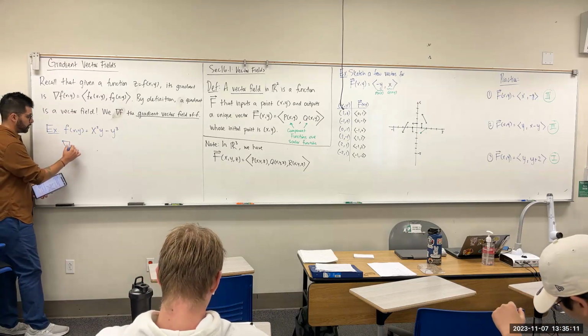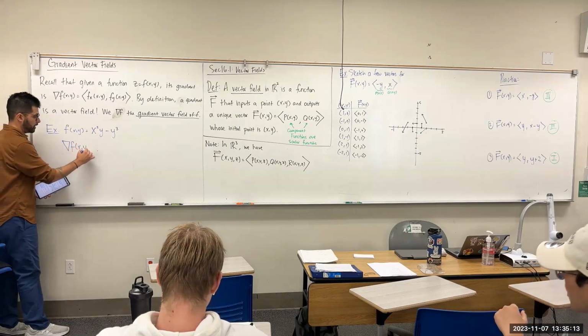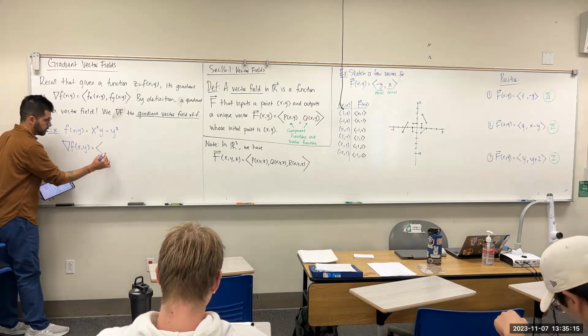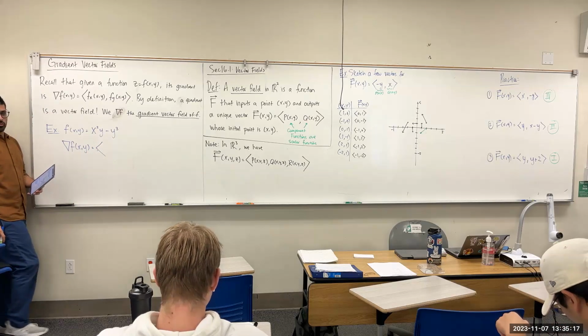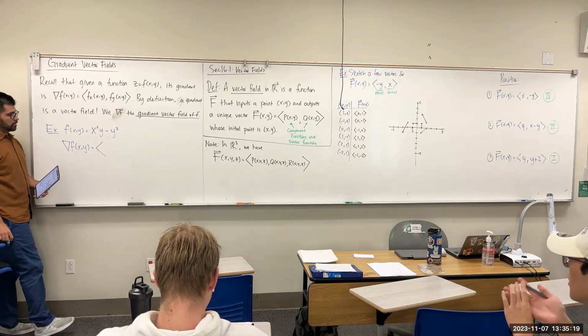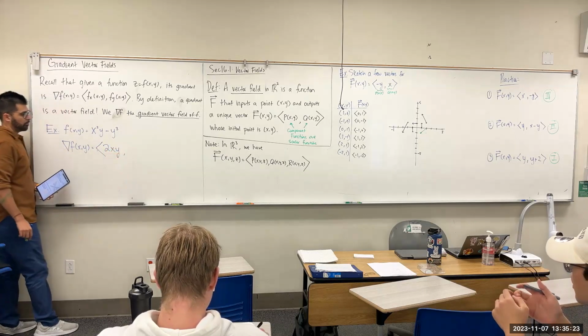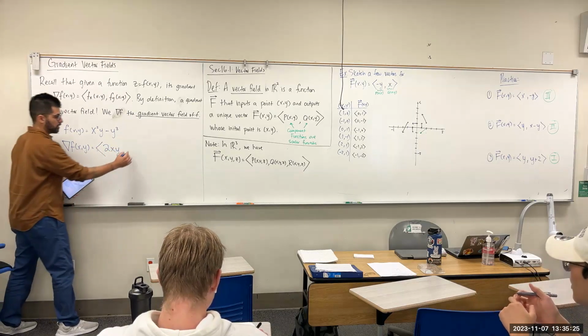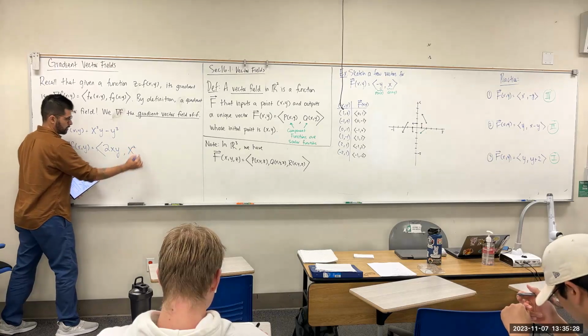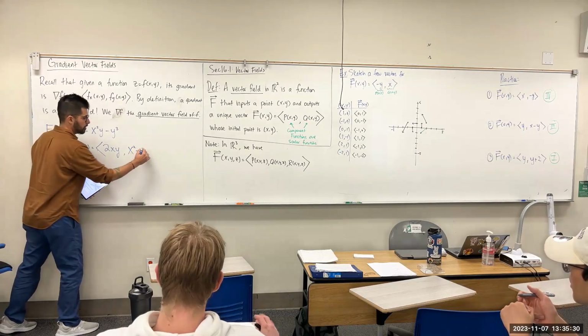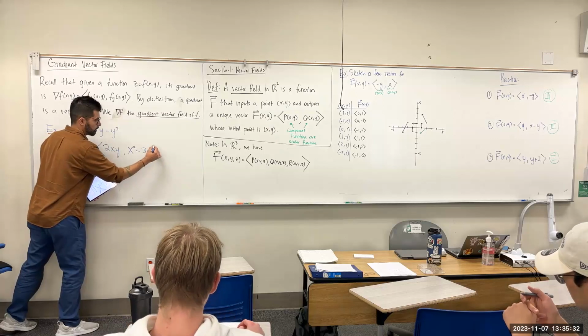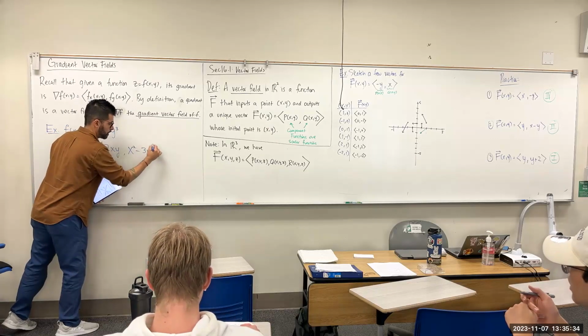So its gradient vector field is made up from its gradient. What's the partial with respect to x? 2xy, and partial with respect to y, x squared minus 3y squared.